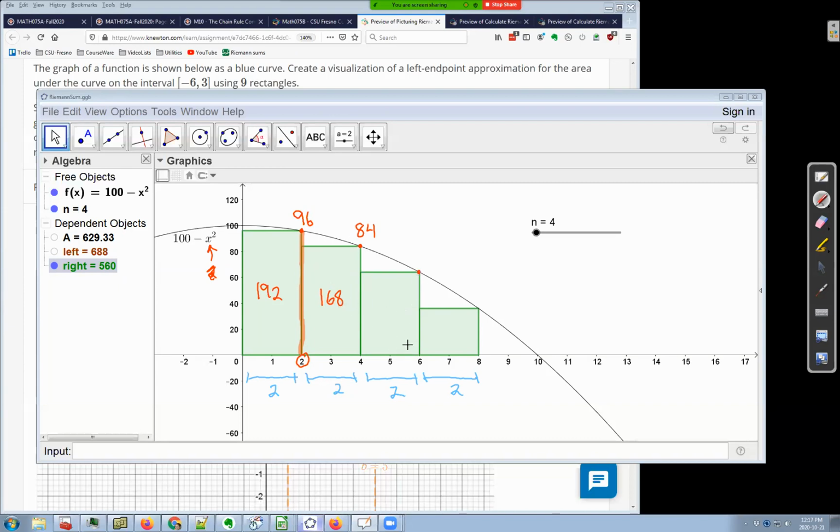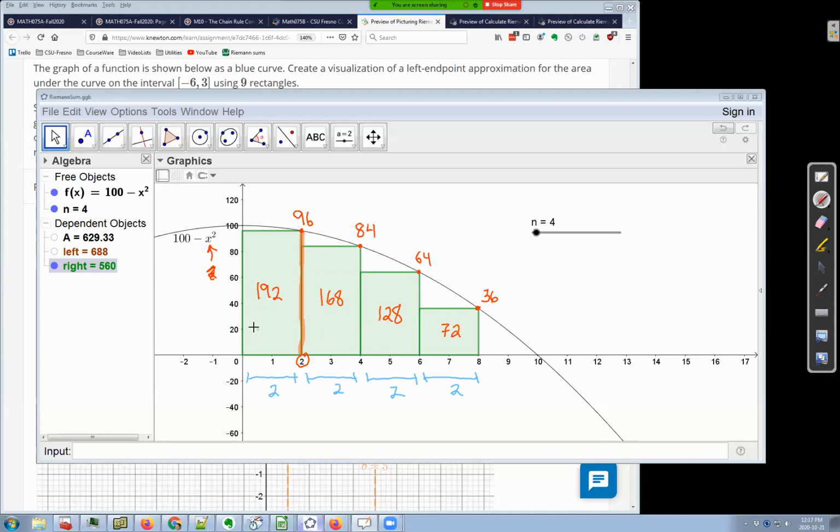Similarly, I'm going to put 6 into the function. This gives me 64, and 2 times 64 is 128. And if I put 8 into the function, then I get 36. And 2 times 36 makes 72.